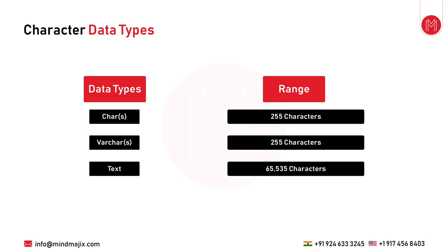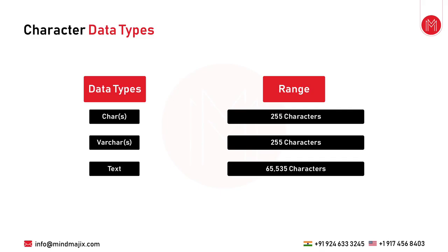It's very important to understand the difference between char and varchar. In char, you can see the range is 255 characters, and we can see the same range for varchar also. Now, the question is, what is the difference between char and varchar? Let me explain the difference with the help of an example. The char data type works with a static memory allocation.